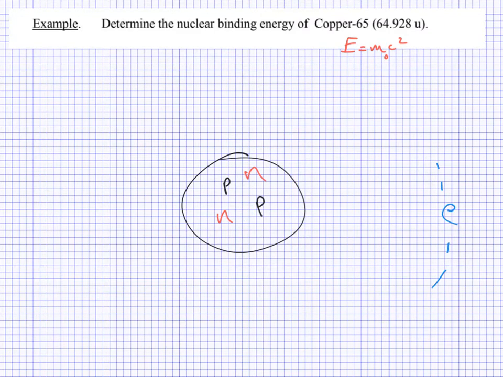If we only think about the electromagnetic force, or the electrostatic force, then there's no way they want to be close together. So there must be a force overriding that, or at least significantly greater than that electrostatic force of repulsion to hold them together. And of course, that's the strong force interacting between these protons holding them together.